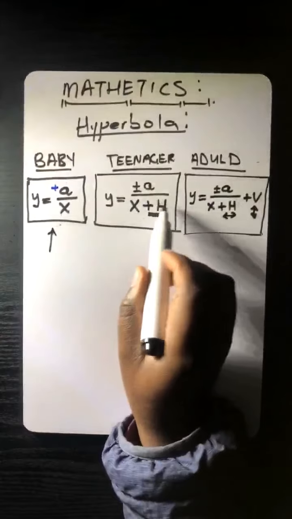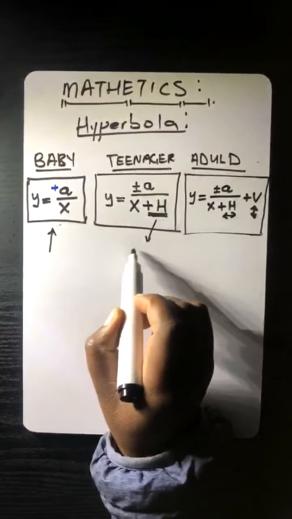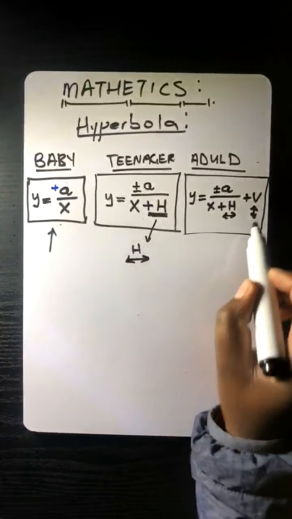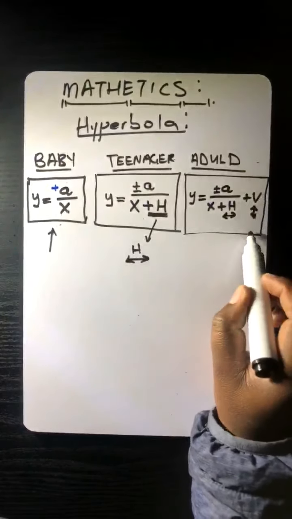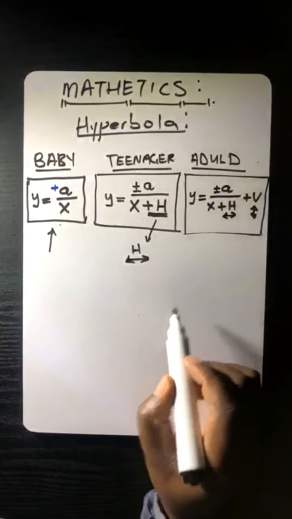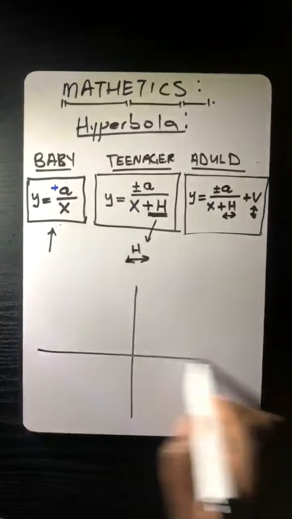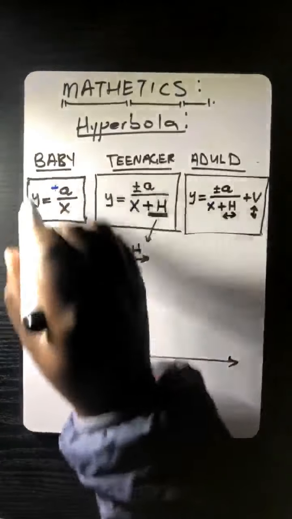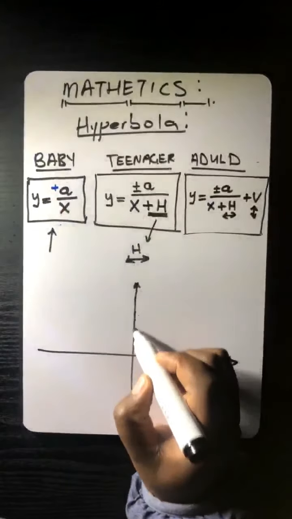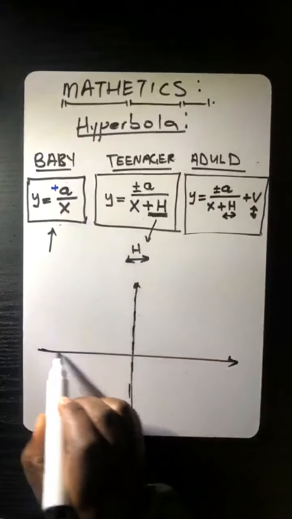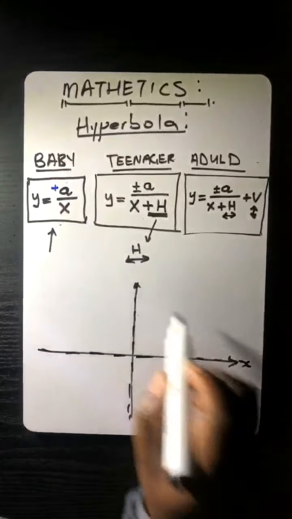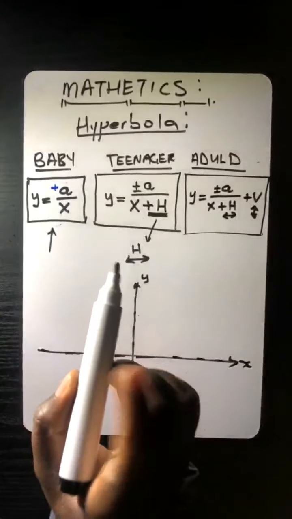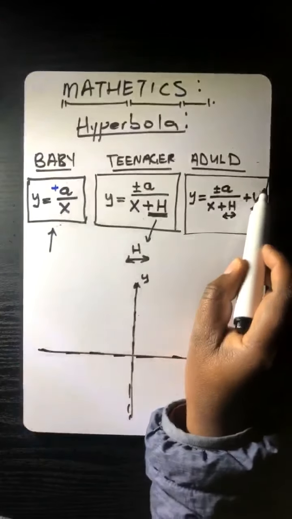When we have H there, it means it moves horizontally, sideways. But when we have V there, that's when it moves up and down. If it's at the baby stage, you have those asymptotes on the x and the y axis. For those of you in matric, just take it this way: your h is 0 and your v is 0.